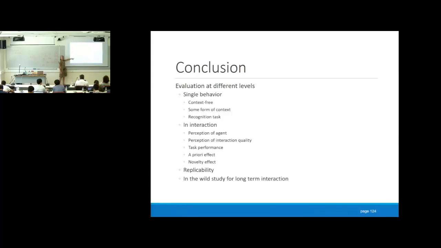Something I didn't mention at all is the novelty effect. That's something we haven't overcome, because each time participants come and do the evaluation study just for one shot. Of course, like for any study, replicability is important, and a direction that everybody aims at is long-term interaction, and our system is far from having that.